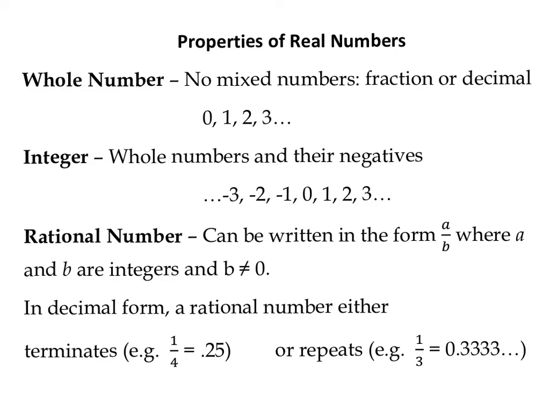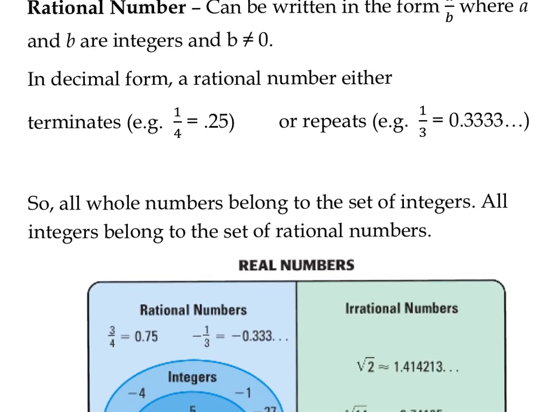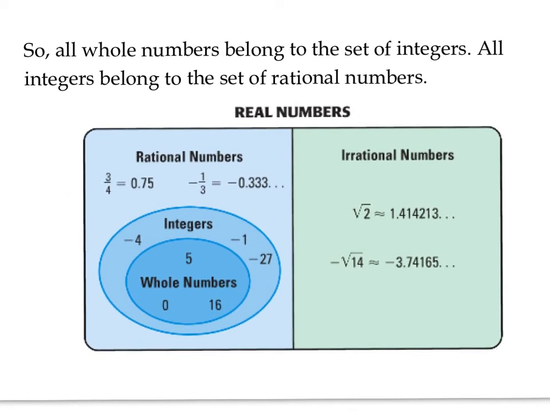Okay? So those are your main categories of real numbers. We're going to see here in a diagram what that looks like. The smallest category of real numbers is the whole numbers. Then you have the integers, and then you have the rational numbers.